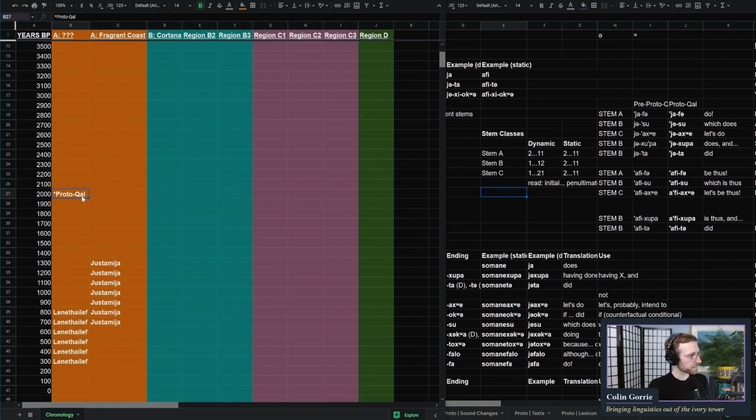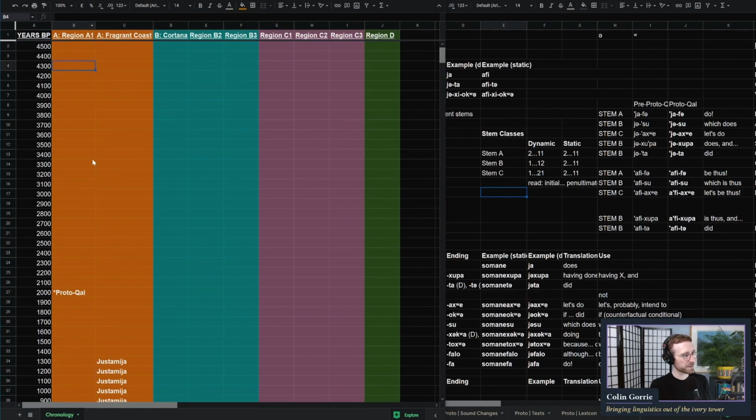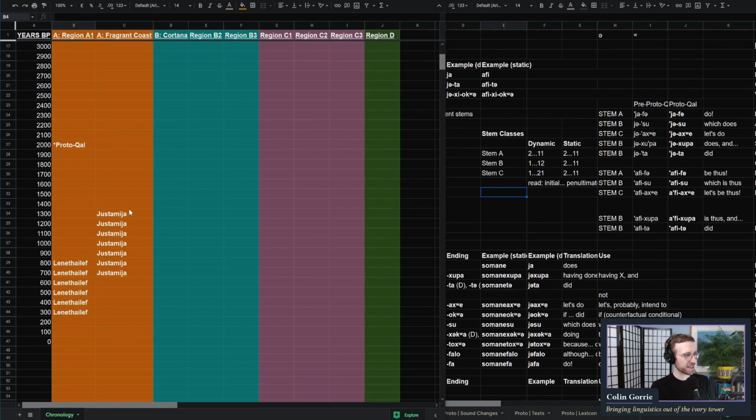And then I'm putting the Proto-Call homeland in this question mark region. You can call it region A1, just because we don't have any other places for it. And I think I'd rather not have it in the Fragrant Coast, because we're naming this language after the Fragrant Coast. And I don't know, that's not a very convincing argument, but nevertheless, just an instinct.